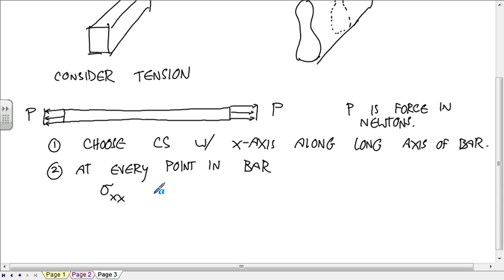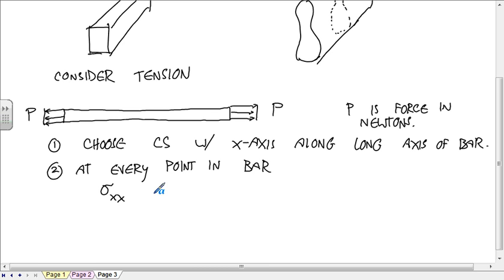I might just have to do this on the board. Okay, so then the axial stress is equal to P over A. Everything else is 0.